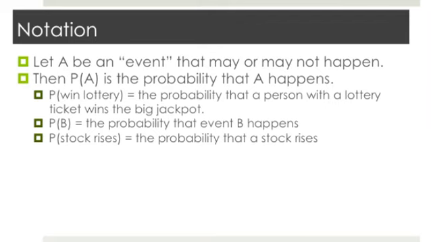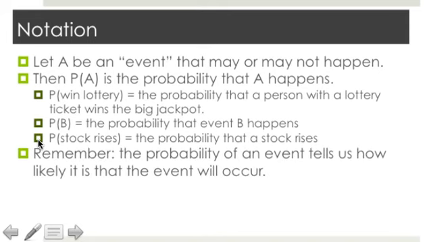So for example, this first one is indicating the probability of winning the lottery. Or this third one here is the probability that a stock rises. Just keep in mind the probability of an event tells us how likely it is that the event will occur.